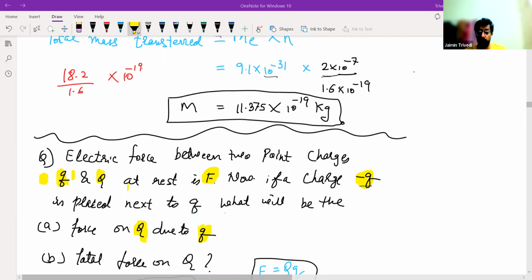Total force on Q. That will be 0. So net force on Q will be 0. Okay, see.